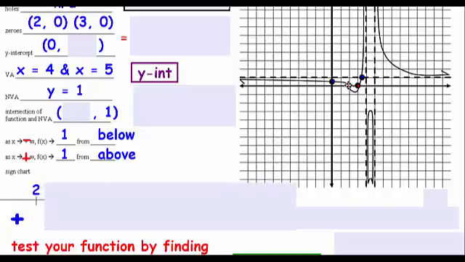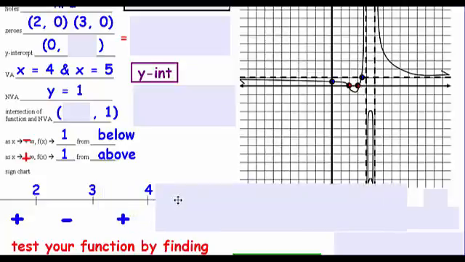Then in between 2 and 3, nice thing, we went in order 2, 3, 4, 5. So in between 2 and 3 on the sign chart, our function dips below the x-axis. So in between 2 and 3 here, it should be negative. Then from 3 until 4, your vertical asymptote, it crosses over the x-axis, it's all positive. And then between 4 and 5, everything's negative.